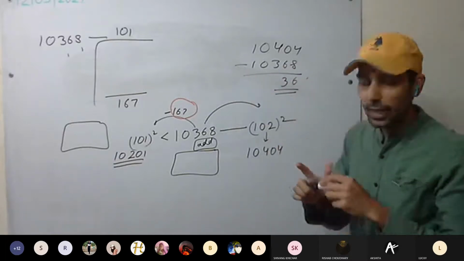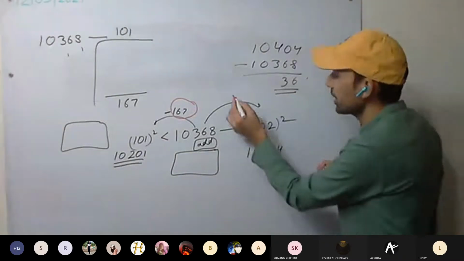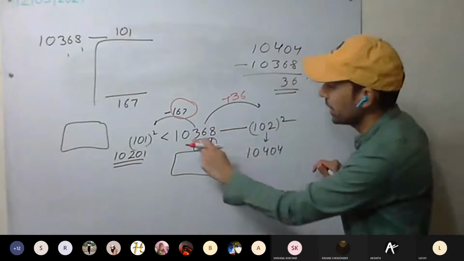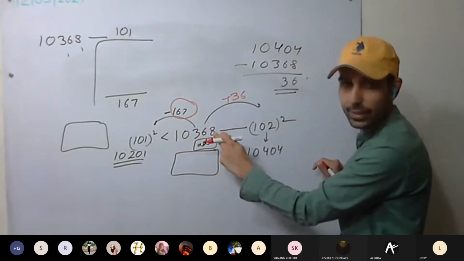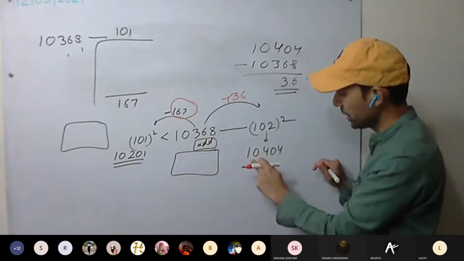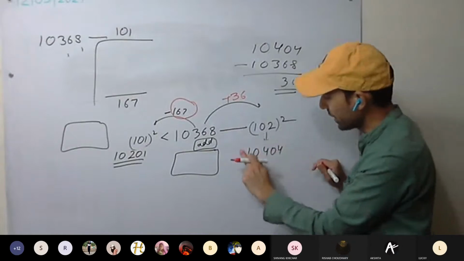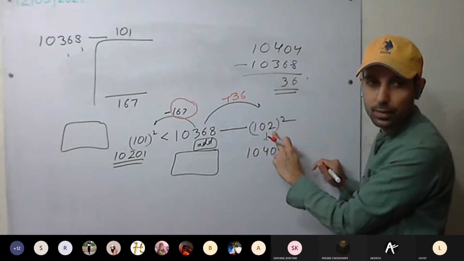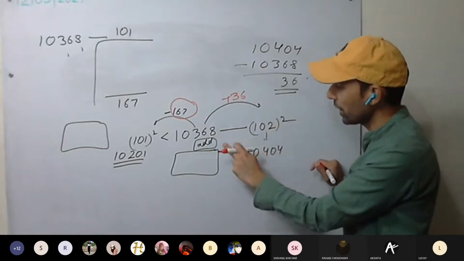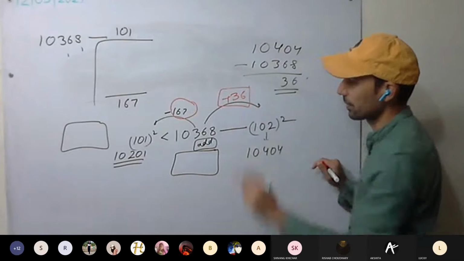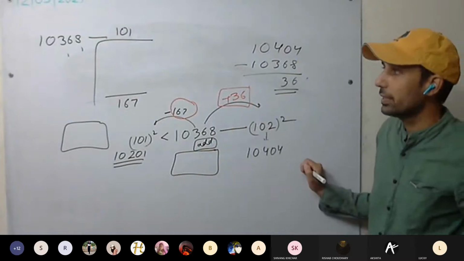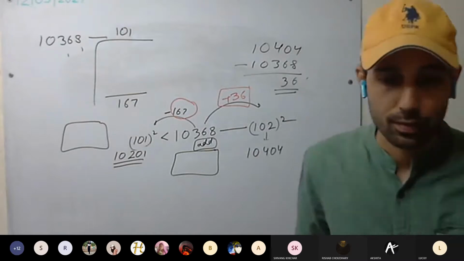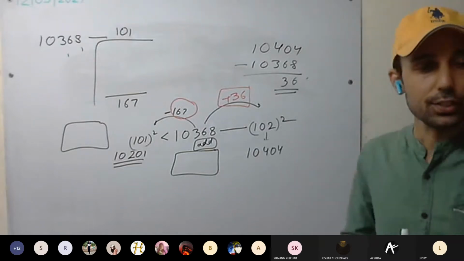It means if we add 36 to 10368, it becomes 10404, and this is a perfect square of 102. Understood this one? So what are we adding? 36. Have you understood this one?